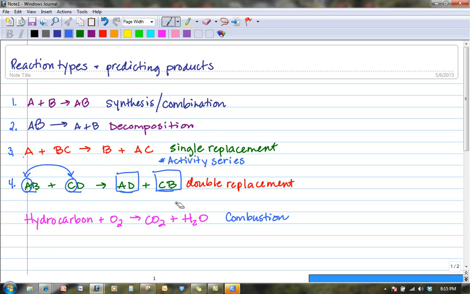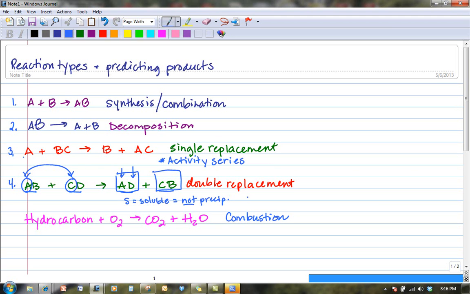So we went over this in class today and we did a lab. Basically you have to find element A on the left-hand side of the table and the anion D along the top. And where they meet in the grid is a letter. If the letter is S, that means that it's soluble, which means that it is not a precipitate.